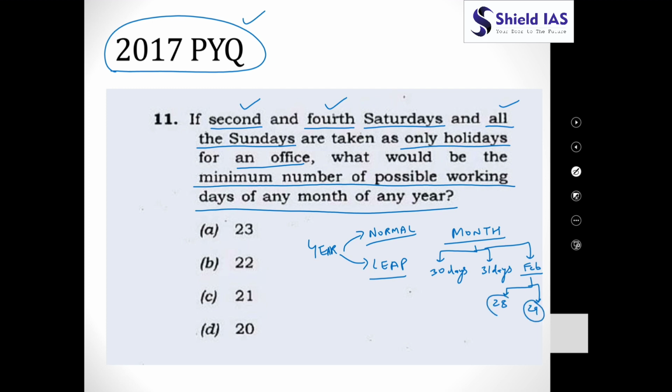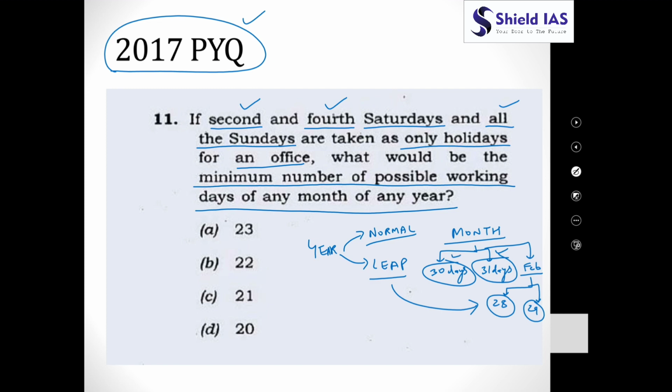The concept of leap year applies only to February. It would not affect January, which has 31 days, or April, which has 30 days.